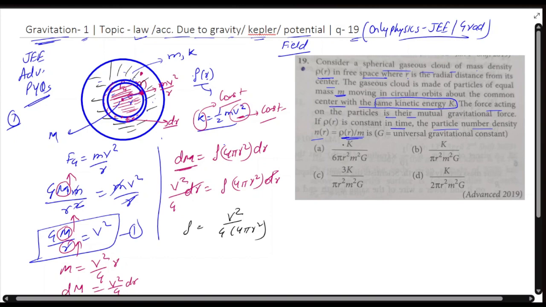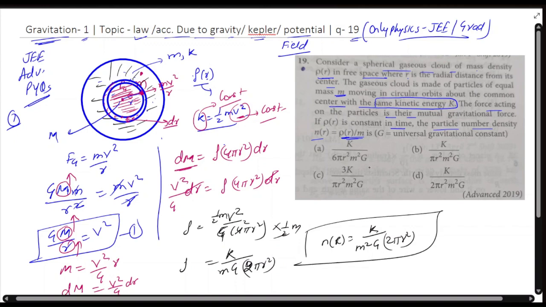We have to find density in terms of K, so we'll multiply and divide by half m. So this will be 2 K by m G into 4 pi r square, that is K upon 2 pi m G r square. This will be our density. And now number density n(r) will be density by m, so we'll have K upon 2 pi m square G r square. So this will be our answer.